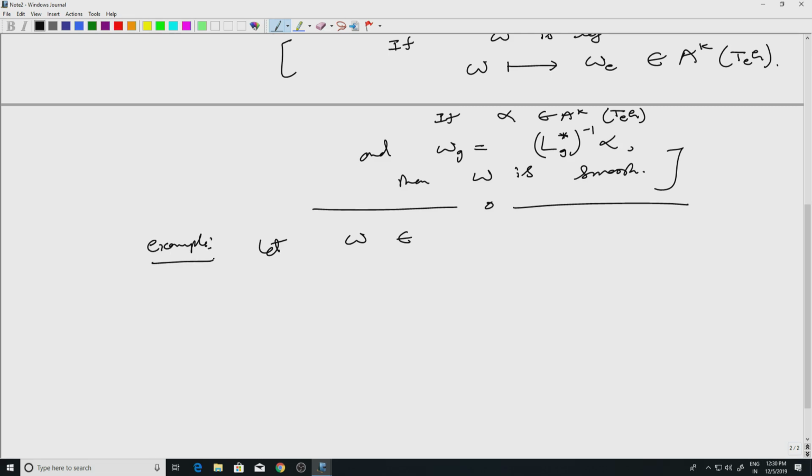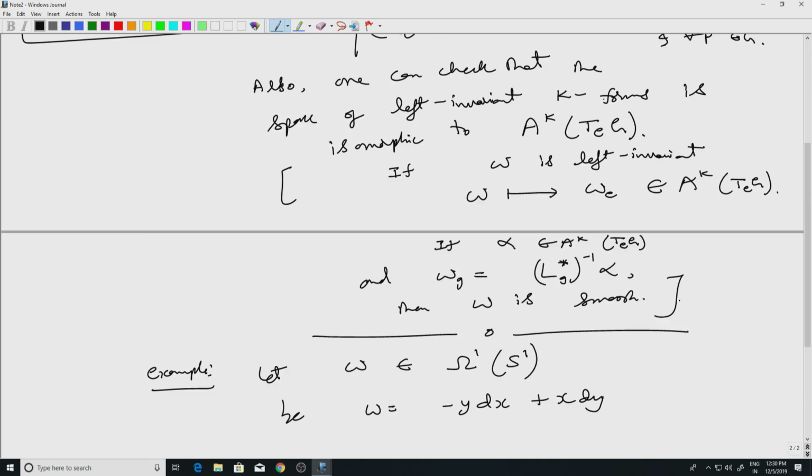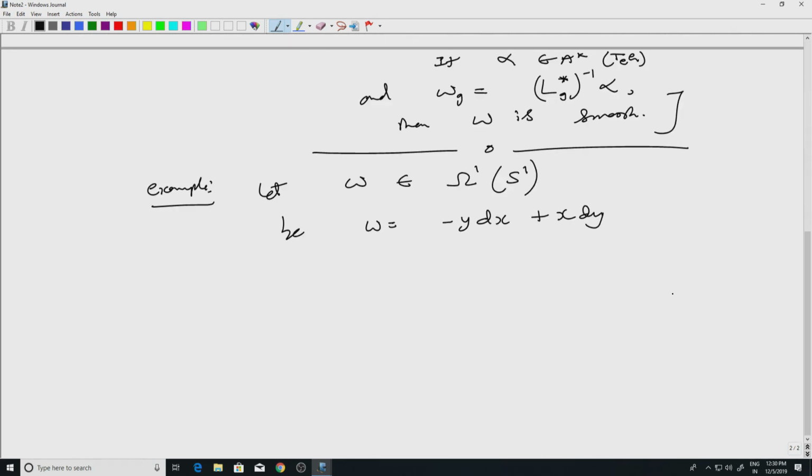Let omega be the one form on the circle, omega equals minus y dx plus x dy, the same form we had been talking about in the last lecture, except that I pull it back to S1. That form was on R2 minus the origin. Now I pull it back to S1.